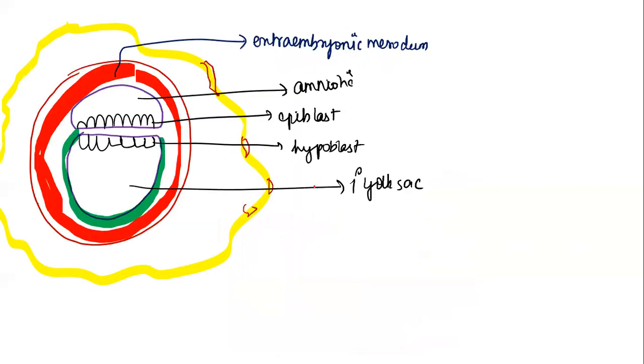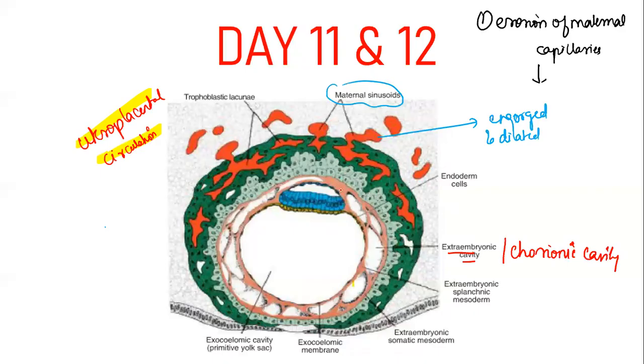Now this lateral side alone is filled with the mesodermal cells. So what is this called? This is called the connecting stalk. Simultaneously, when the mesodermal cells are formed between the cytotrophoblast and the primitive yolk sac, a group of mesodermal cells forms a stalk-like structure that connects the amnion, this is the amniotic cavity, to the cytotrophoblast.